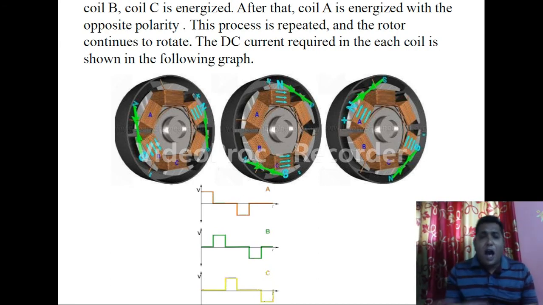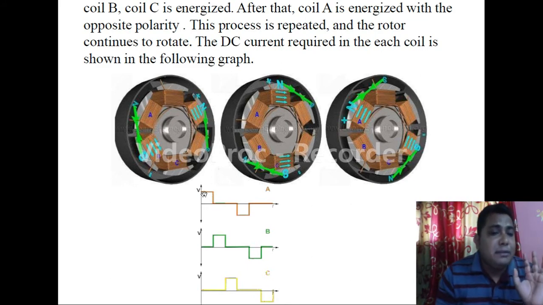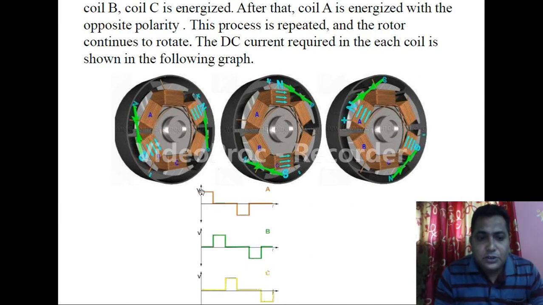So how are they giving that supply to the three coils? Follow my pointer: this is the coil number 1 supply, this is the coil number 2 supply, and this is the coil number 3 supply. First we are giving the supply to coil A, correct? It starts from 0.